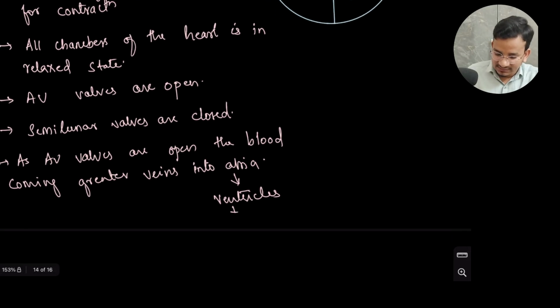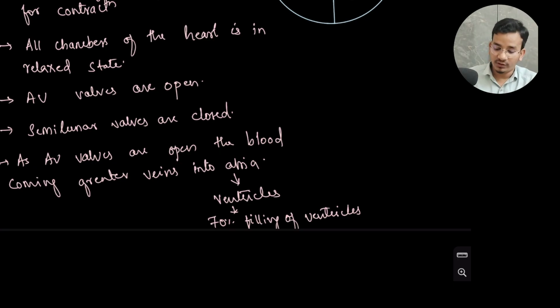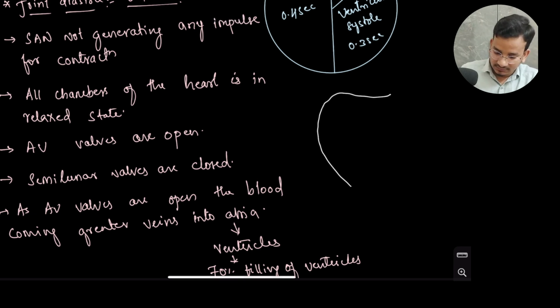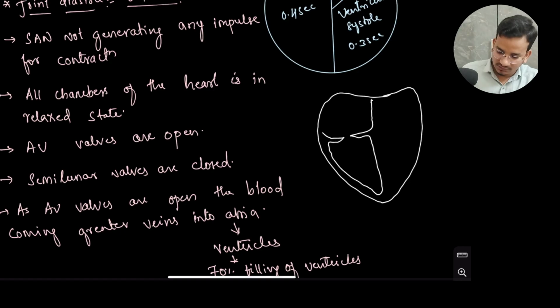By this, 70% filling of the ventricles is completed in the joint diastole. I will show the diagrammatic representation. For example, this is the heart. You have seen all the structures; just for understanding, I am drawing a rough diagram.